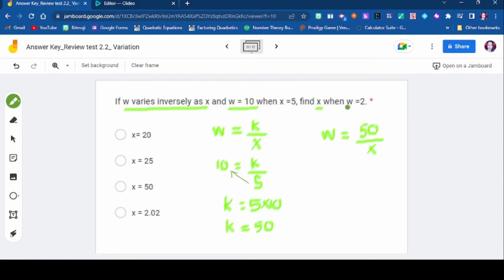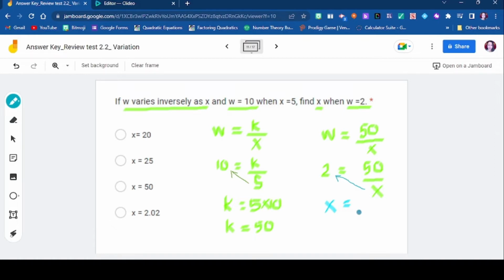So now we are looking for x. Let us substitute w with 2. So 2 is equals to 50 over x. What we are going to do is apply the cross product. Since x is unknown, we just simply interchange their position instead of putting 2 together with x.